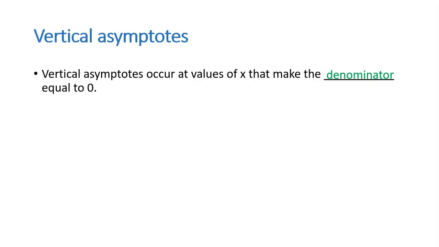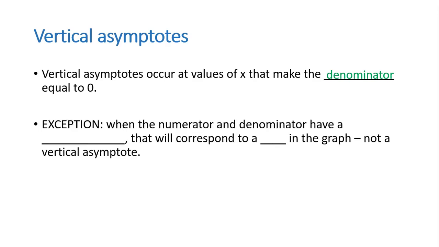There is one exception to this rule, and it occurs when the numerator and denominator have a common factor. In other words, if we were to factor our numerator, factor our denominator, remember they're just polynomials, if there's some common factor we can cancel in the numerator and denominator, that actually corresponds to an actual hole in the graph, not a vertical asymptote. So if we were to graph it, it's not going to be an imaginary boundary.